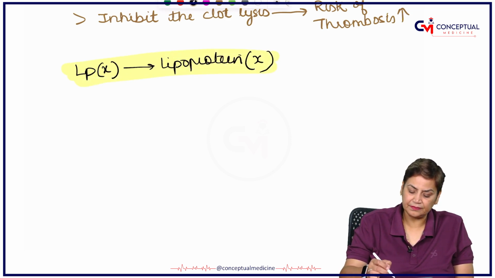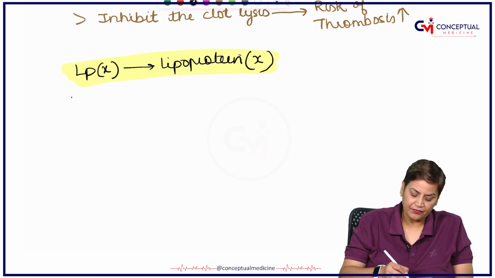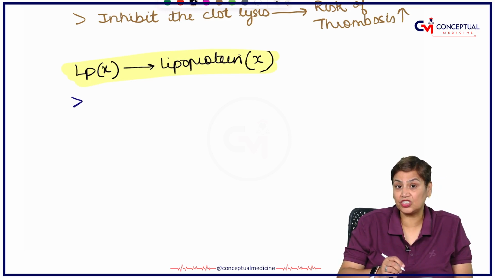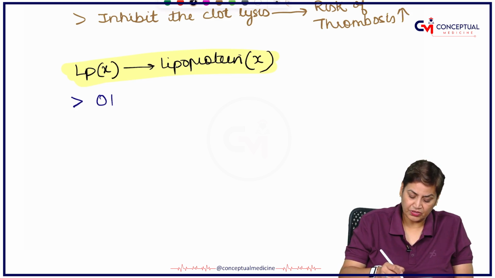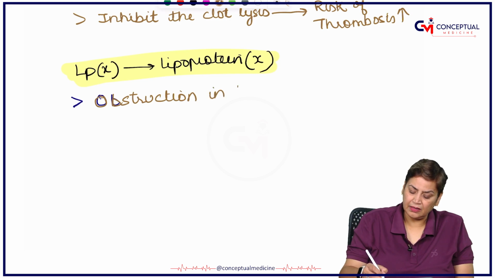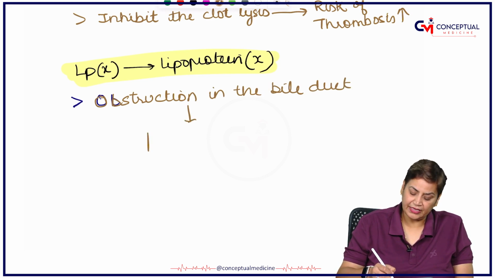Basically, whenever there is obstruction in the flow of the bile duct, it will lead to increased concentration of cholesterol in the liver.